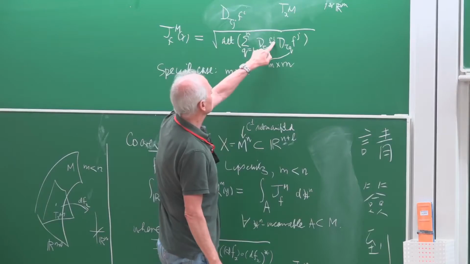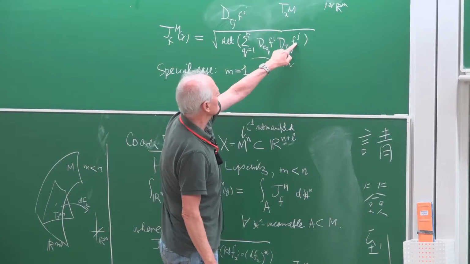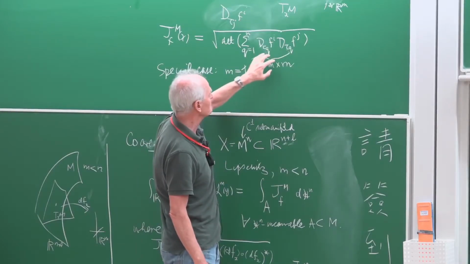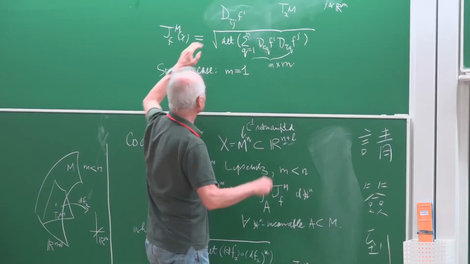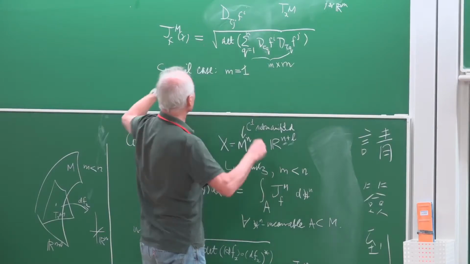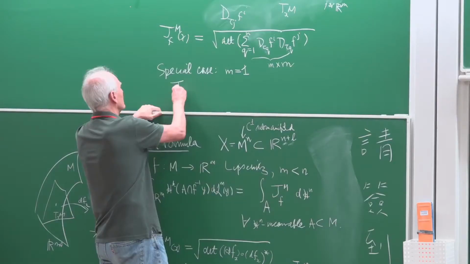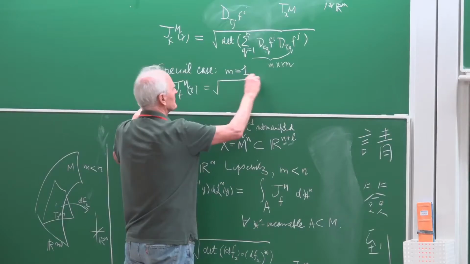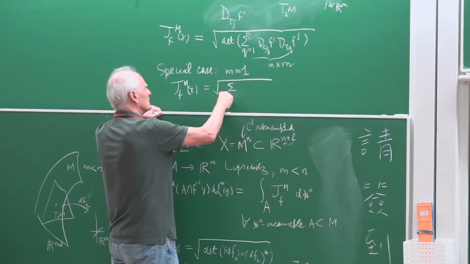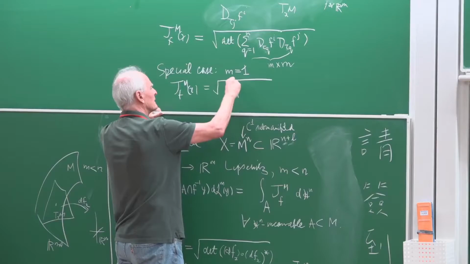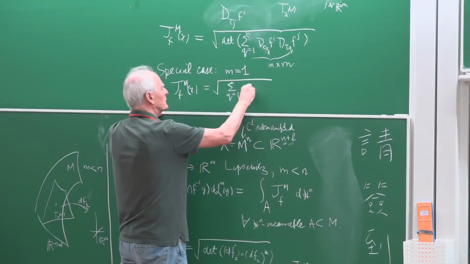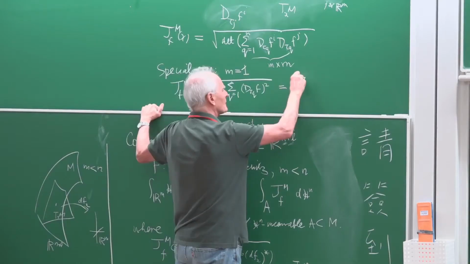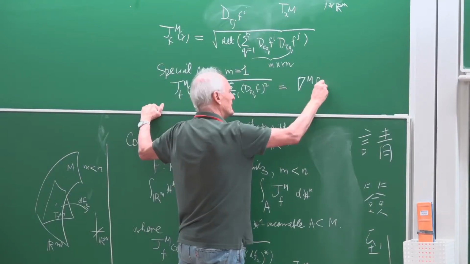So this is no longer a determinant. It's just the sum of the partial derivatives of F squared. So in that case, JFm at x is just equal to the square root of the sum q equals 1 up to n of d τq F squared. But of course, that's just the length of the gradient. It's just the length of the tangential gradient of F, first power.